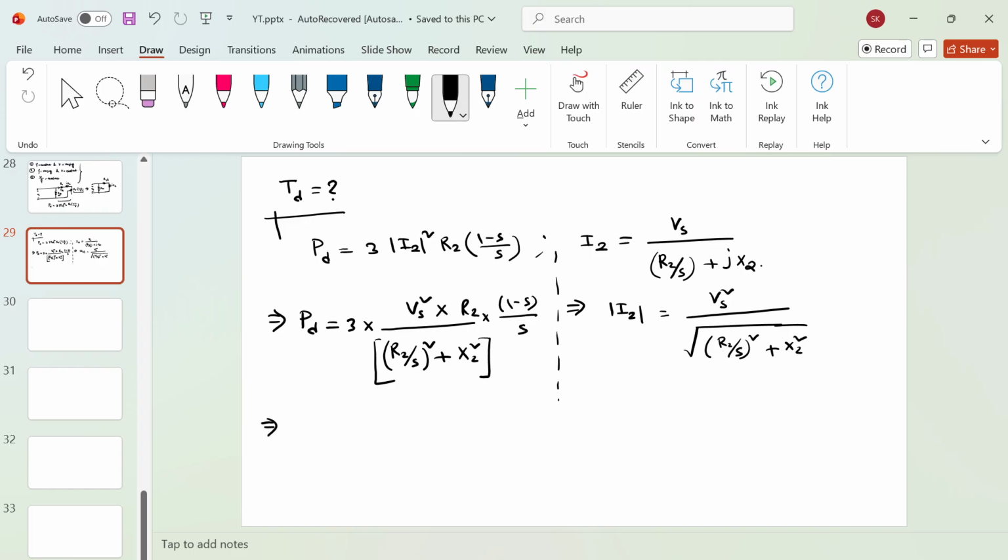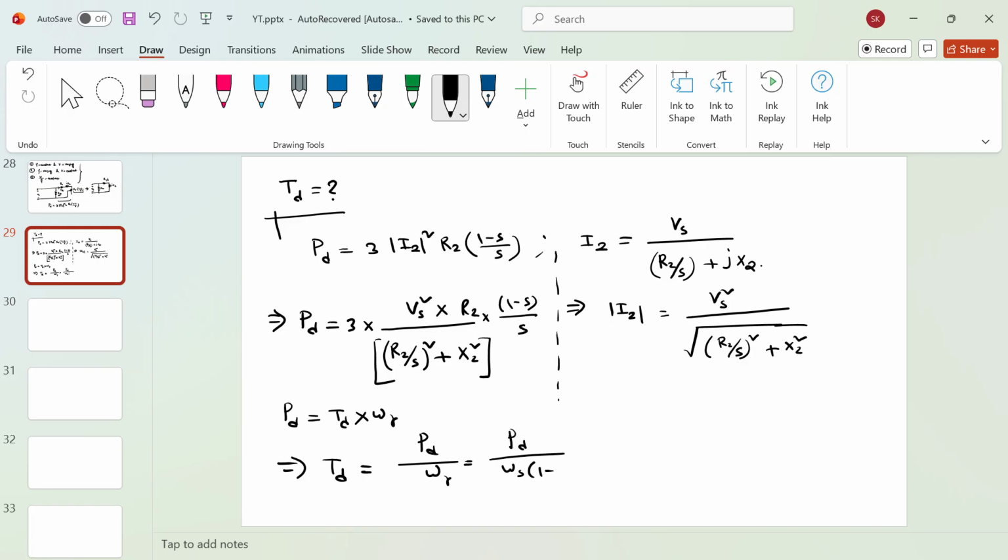Now developed torque will be, see, developed power is equal to developed torque into omega R. So your developed torque will be PD by omega R, and PD you have, and omega R is nothing but omega S (1 minus S). So put this into that equation.